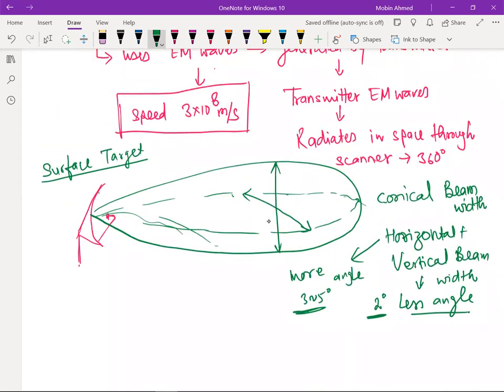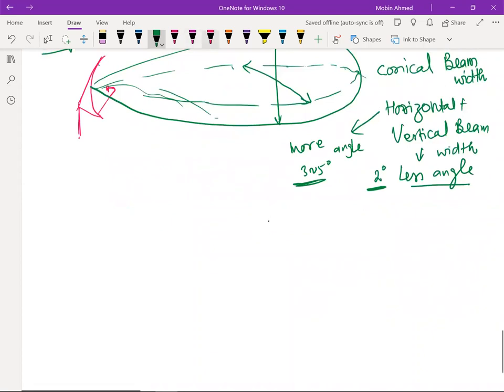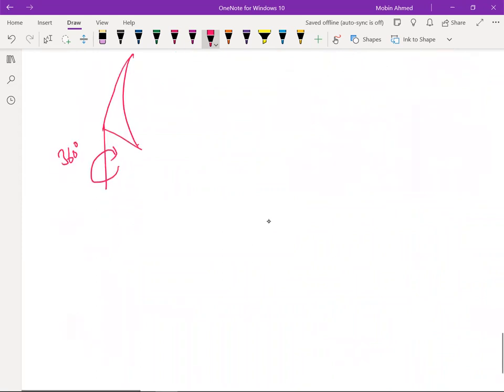So I hope you understood about this. Now let me make this one again. So there is the antenna which is going to rotate 360 degrees, and this is going to be rotated by the motor.